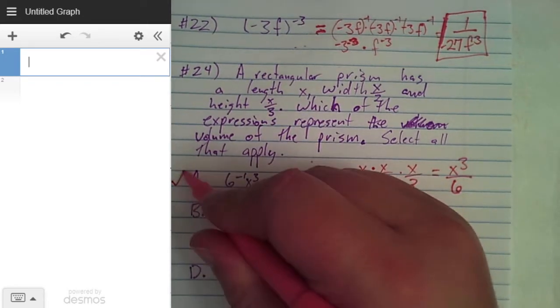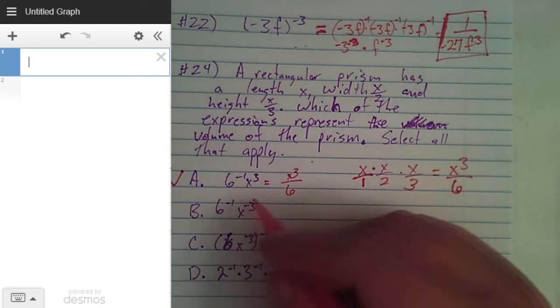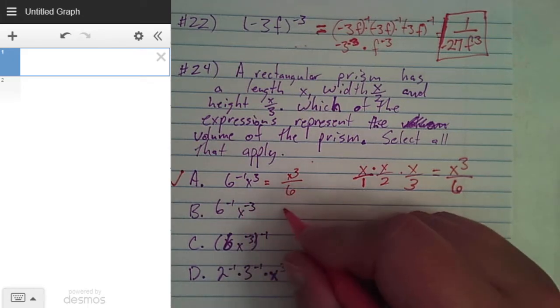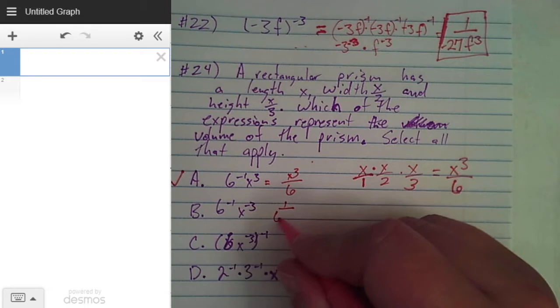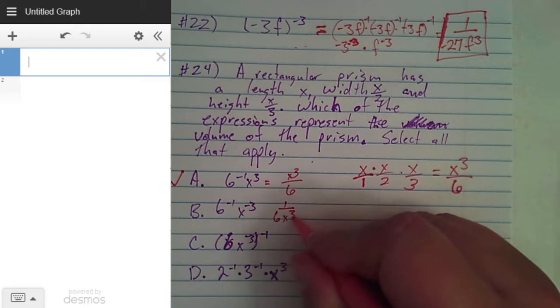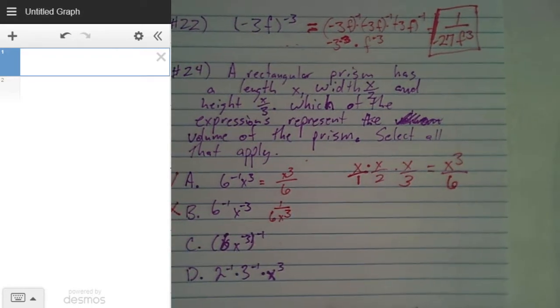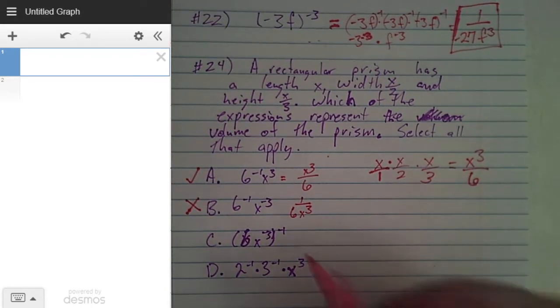So A is good. Here we get 6 to the negative 1 times x to the negative 3. Well, that ends up being 1 over 6 x cubed. So that's not it. Put an x there by that.